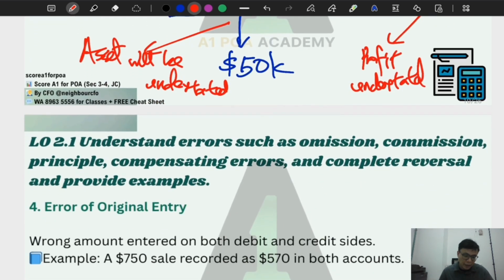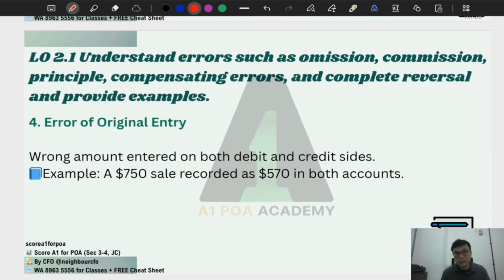So with that, let us now go into the next error. The next error is errors of original entry. So what exactly is this error all about? Over here, it says that the wrong amount is entered on both the debit and credit sides. In this instance, again it can be a typo.